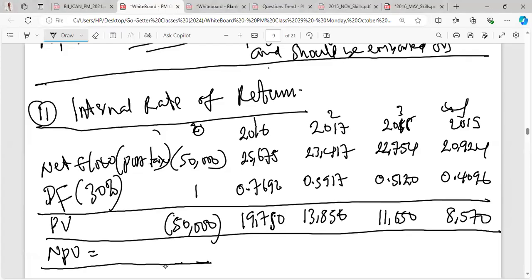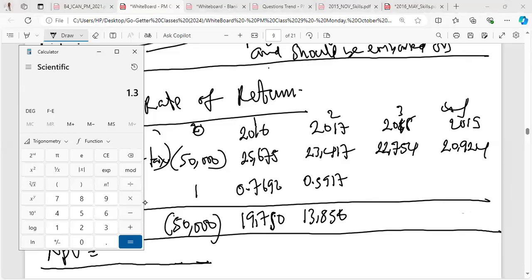All right, the next one, I'm going to be cleaning this, and this. All right, so the next one will be 1.3 raised to power minus 3.